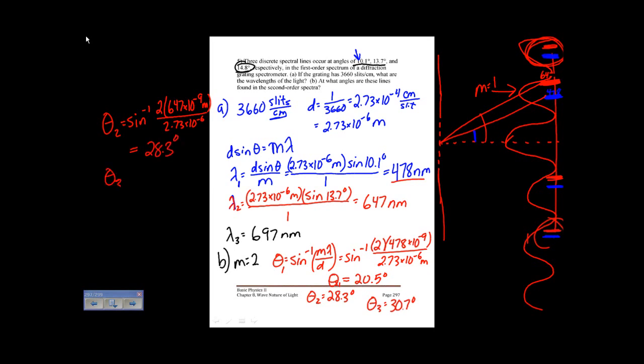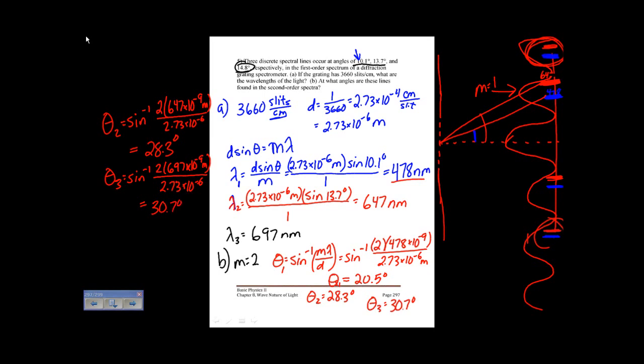And theta 3 is the inverse sine of 2 times 697 nanometers times 10 to the minus 9, divided by 2.73, and then that's equal to, what did I say, 30.7. So that's where those numbers come from.